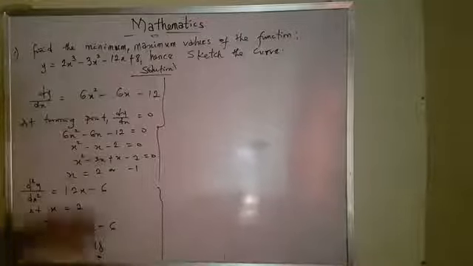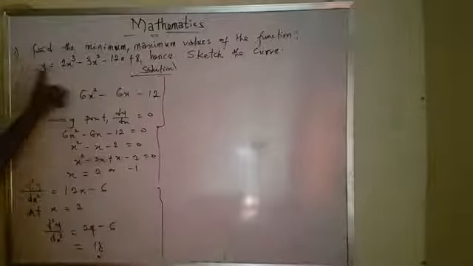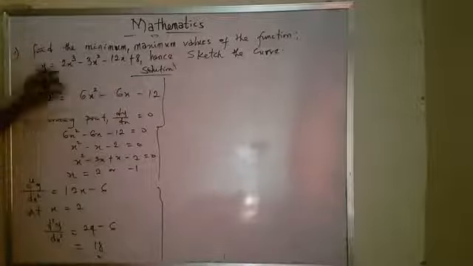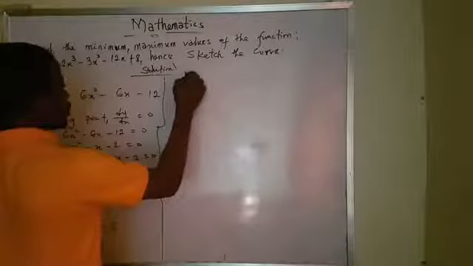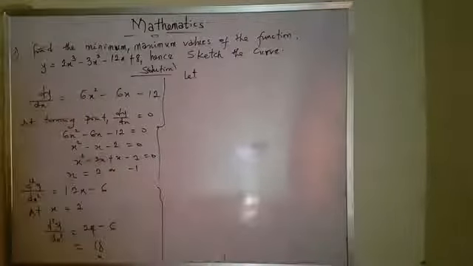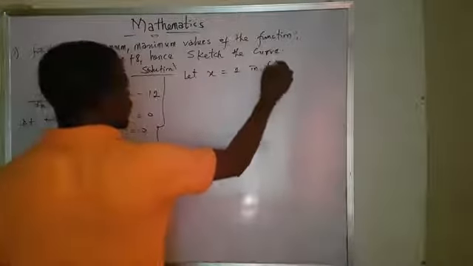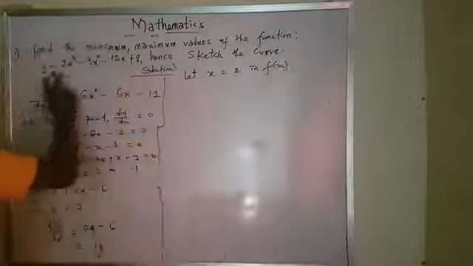Do you get? Now let's substitute this value of x in the original equation, rather in y, so that we get the coordinates for that minimum value, at that point where it's having a minimum value. So here let x be equal to 2 in f of x. Don't forget, this is our f of x.